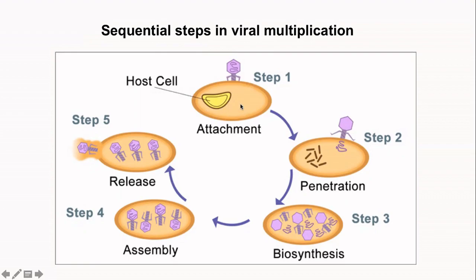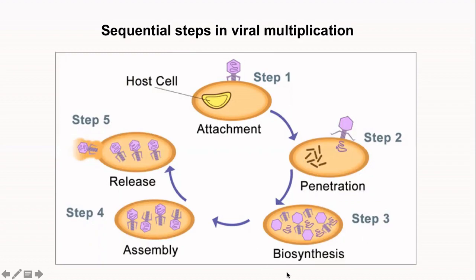In this case, it is a bacterium. So the first step is attachment. The second step is known as penetration. What happens during penetration? The viral DNA or the genetic material from the virus is injected into the host cell.